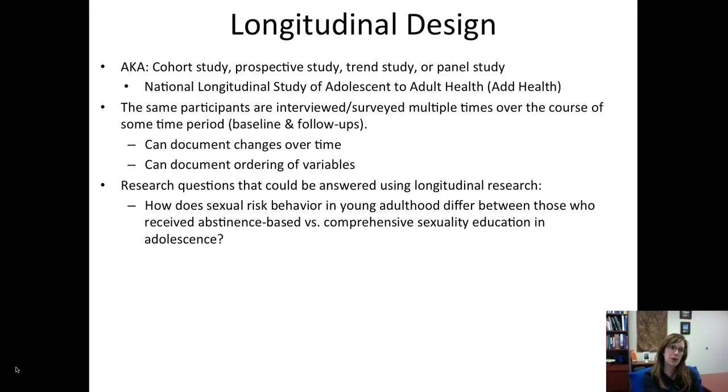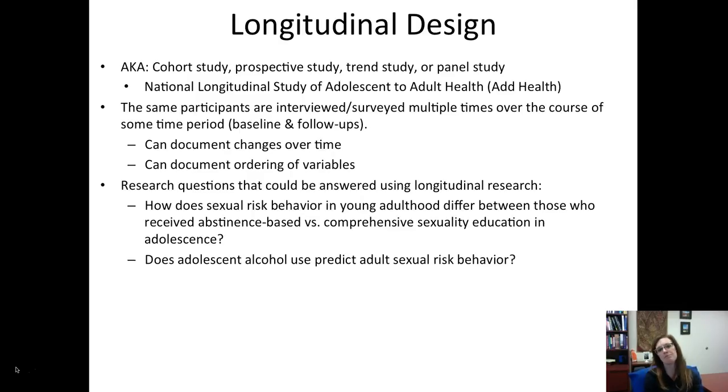And so there, again, are a variety of research questions we could answer using longitudinal research. One is, how does sexual risk behavior in young adulthood differ between those who received abstinence-based versus comprehensive sexuality education in adolescence? That's also something we could answer using a cross-sectional design, but this might be a situation in which we could follow kids who are getting that particular program and then follow them over time to see how the behavioral patterns or trajectories are different for the kids in different kinds of programs.